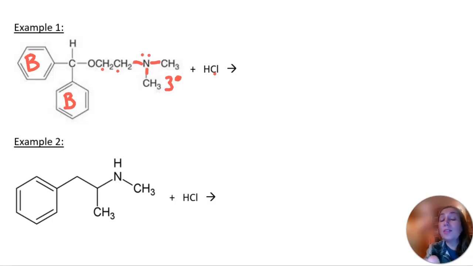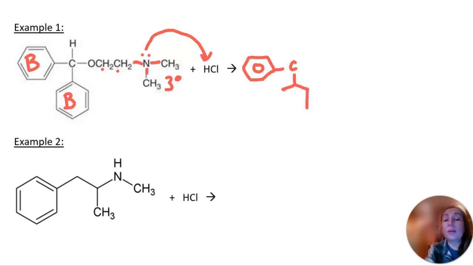It's going to react with HCl. So the lone pair on the nitrogen is going to pick up the H from HCl. What are we going to do then? Well, we're going to copy this whole molecule, starting with the carbon having 2 benzene rings coming off of it.